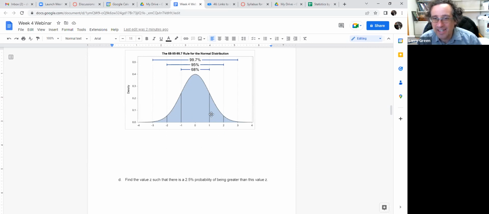How much is on the inside? If 5% are on the outside, 95% are on the inside. So now we just look up here, 95% goes from -2 to 2, but we're on the right-hand side, so it's 2. And that's your answer. Z is 2.